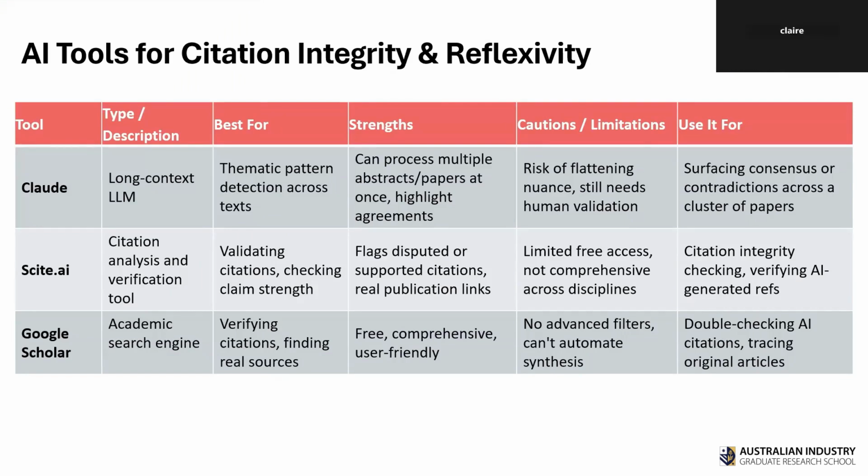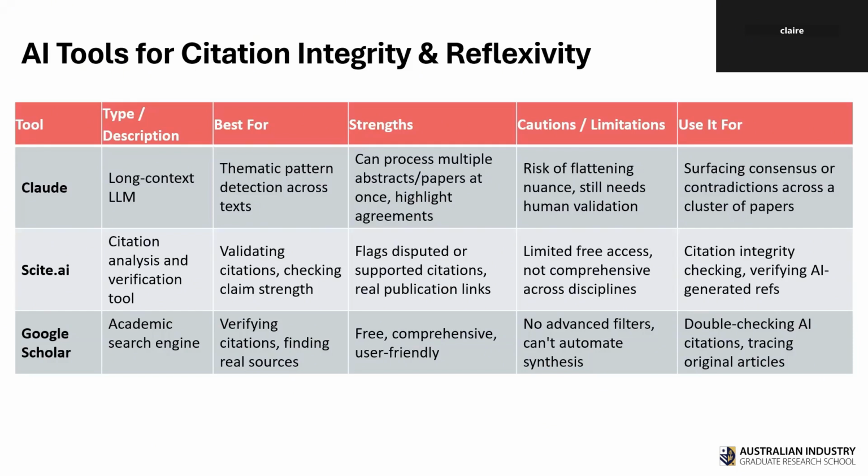Yeah, so look, with thematic analysis, it depends. Yes, you can get it to give you thematic patterns. The thing with thematic analysis is it just depends on what your theoretical perspective is. But in theory, yes, you can get Claude to help you with thematic patterns. And that could be across a data set, it could be across literature, and you could also use ChatGPT in exactly the same way.